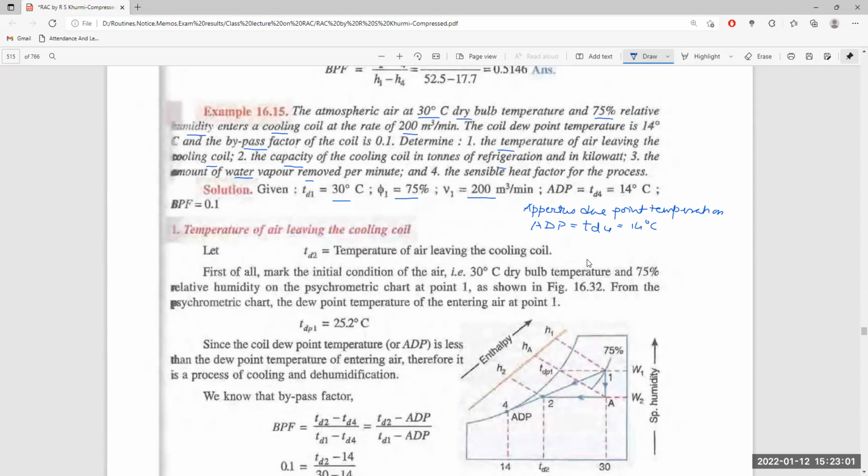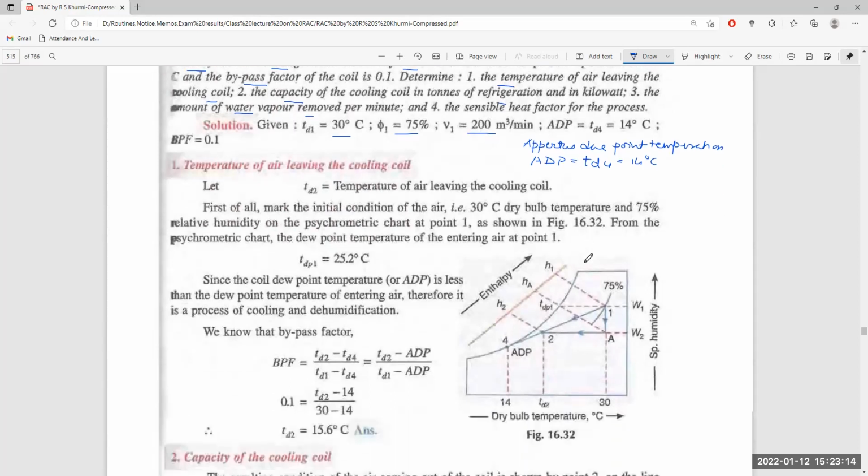First of all, mark the initial condition of the air, 30 degrees centigrade dry bulb temperature and 75% relative humidity, on the psychrometric chart at point 1. So here, first you have to mark it on the psychrometric chart.